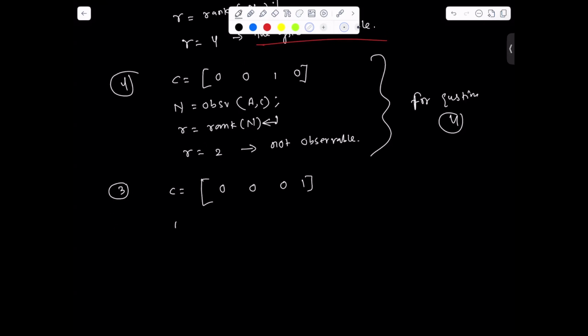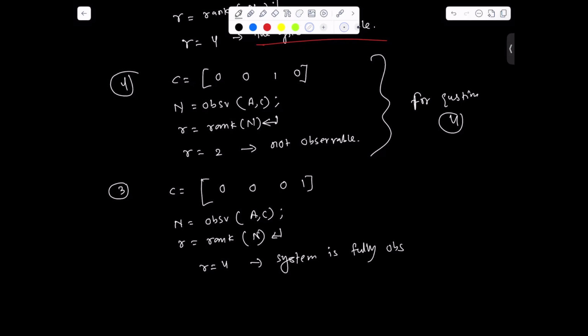And we can find the observability matrix with A and C, and the rank is found to be 4. So we can say the system is fully observable. We can observe all the states from the observer.